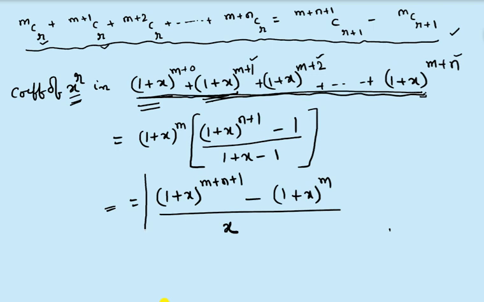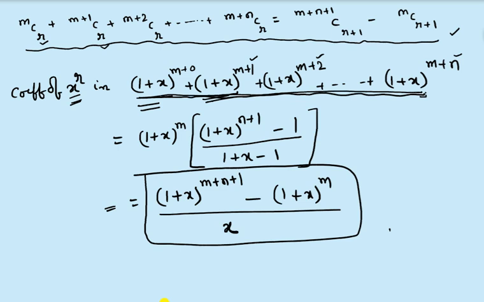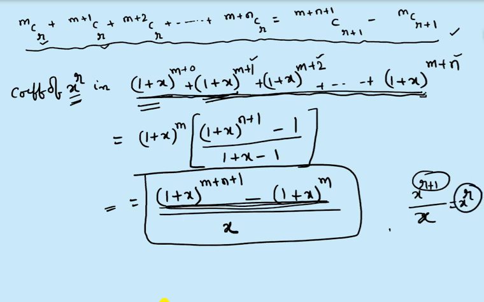To get the coefficient of x to the power of r in the total expression, we have to find out the coefficient of x to the power of r plus 1 in the numerator. In the numerator we have to find out the coefficient of x to the power of r plus 1, where x^(r+1) divided by x gives x^r, or not.